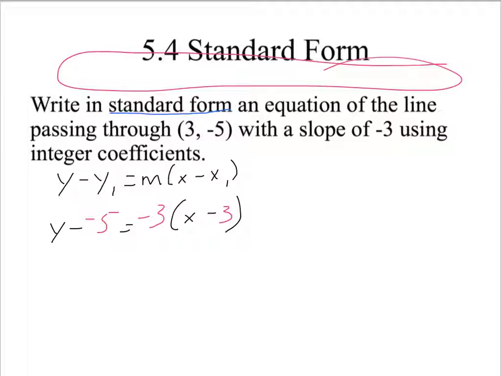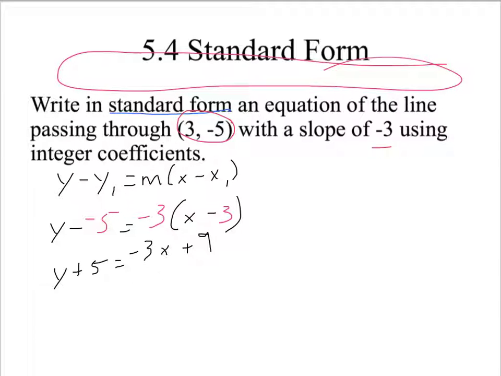Okay, I plugged in those points, because my y in this point is negative 5, my x is 3, and my slope over here is, sorry, negative 3. Okay, now all I'm going to do is simplify everything and solve for y.